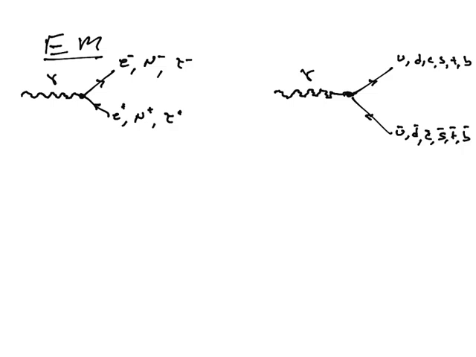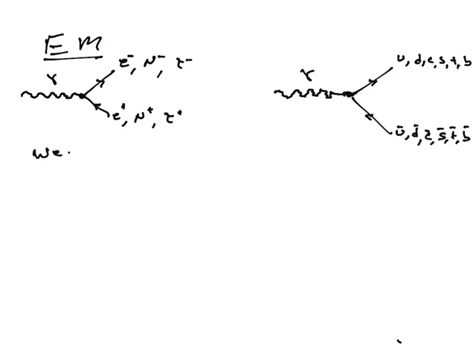But if it's up and anti-down, up has a charge of +2/3 and anti-down has +1/3. That's a total charge of +1 on the right, 0 on the left, not allowed. So these are the two basic vertices for the electromagnetic interaction, for leptons and quarks. And of course, like I said, you could always move these arms to one side or the other and create new versions of these things.